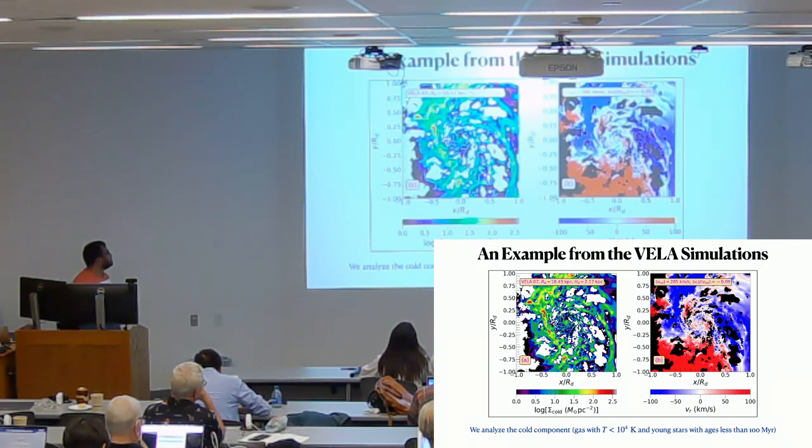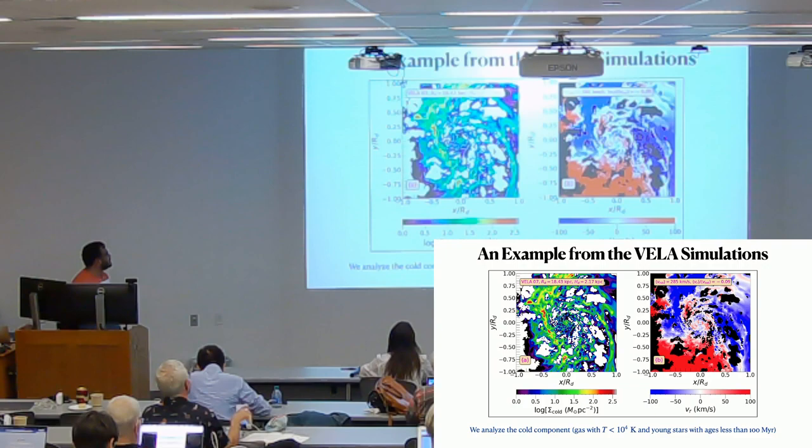So you see the density map for this cold component, and this is the 2D radial velocity map, averaged over minus HD to plus HD, so mass-weighted averaged in that region. Now you see that there is this stream that comes in, and this is correlated with this negative radial velocity that is being observed here.